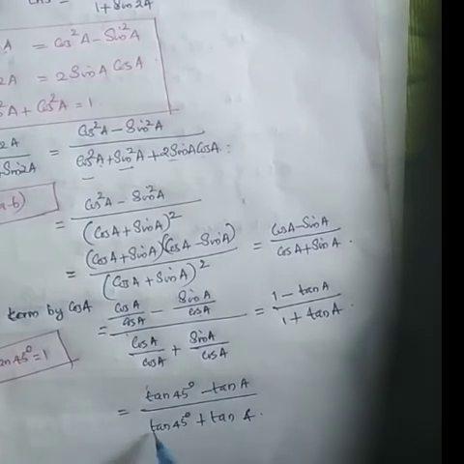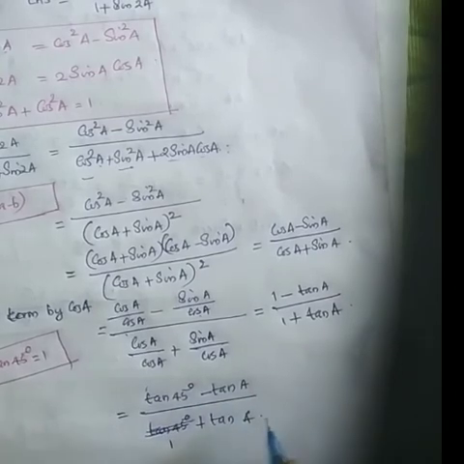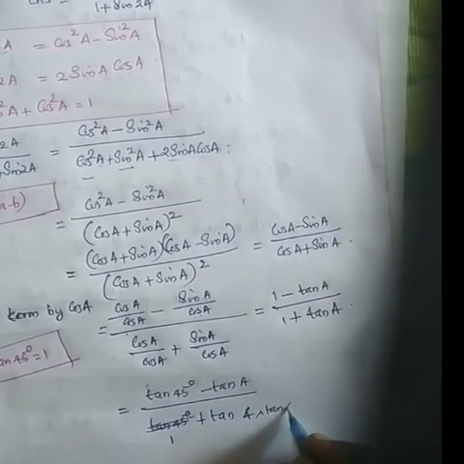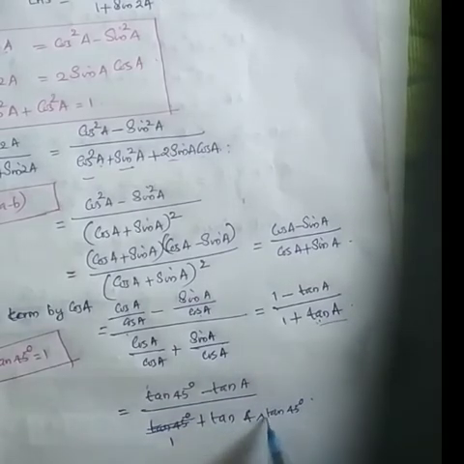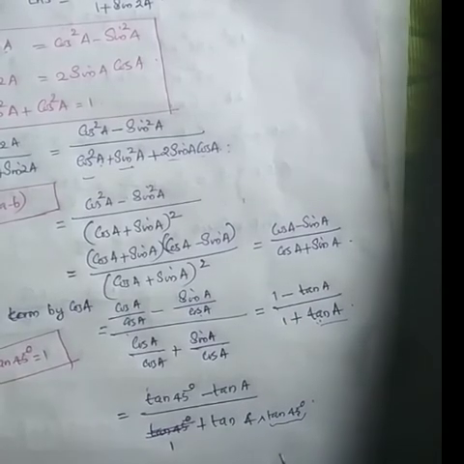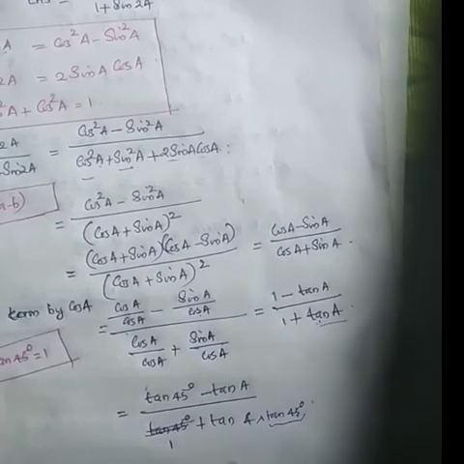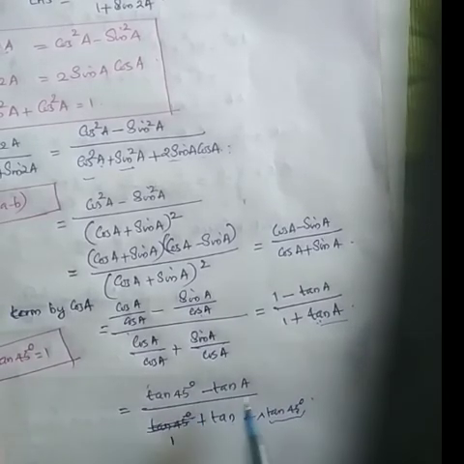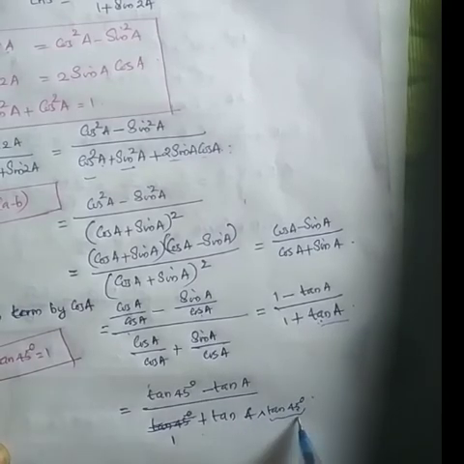So this one remains same and into tan 45 degree. This tan A can be written as tan A into tan 45 degree. Tan 45 degree is 1. Therefore, the value is unaltered and the term becomes tan 45 degree minus tan A divided by 1 plus tan A tan 45 degree.